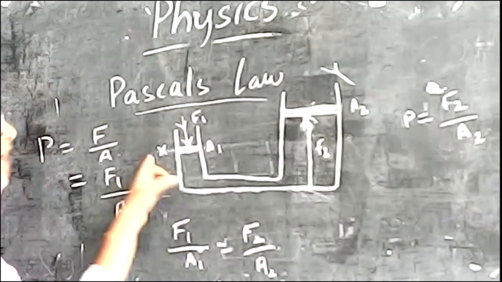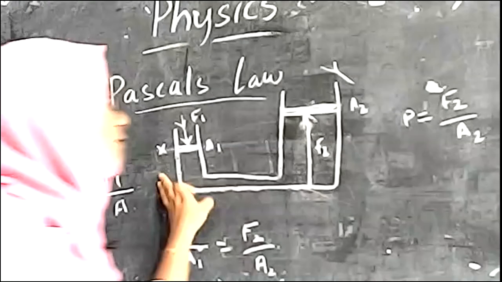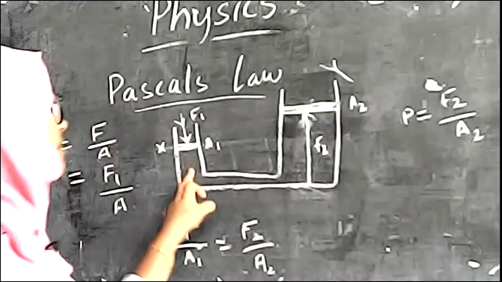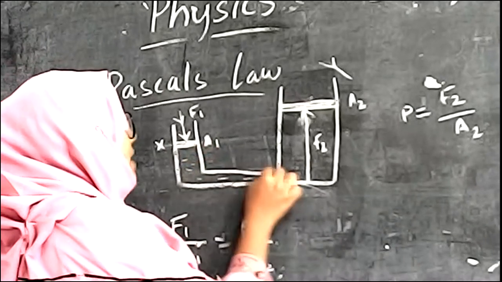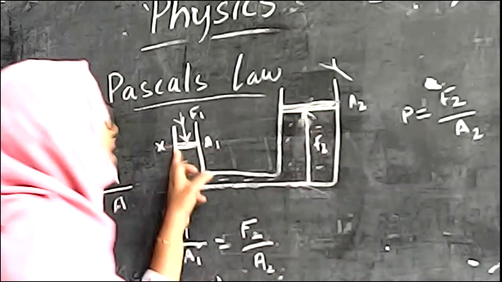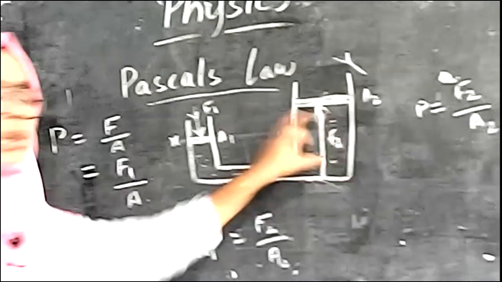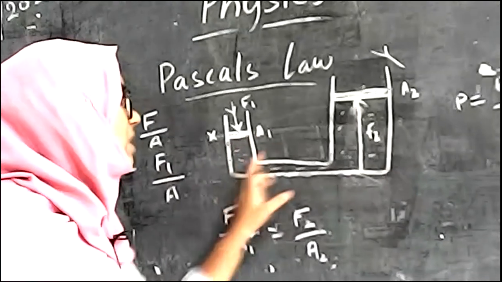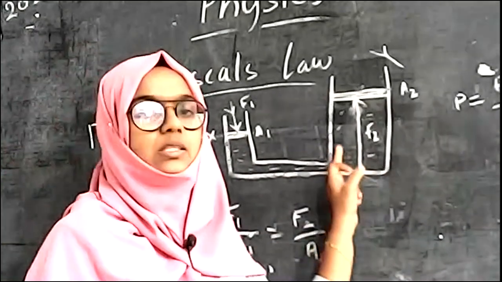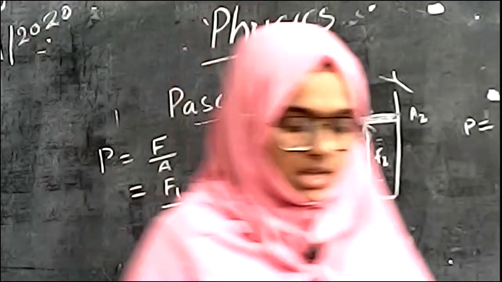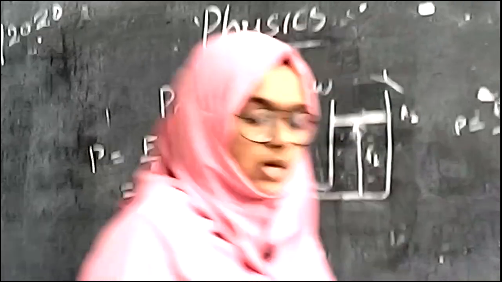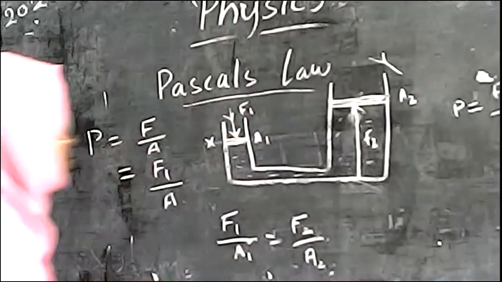When we are applying a force here, that force is equally experienced in the fluid that is taken in the closed system, and that equally experienced force is experienced here, and that force is F2. And we write that F1 by A1 is equal to F2 by A2.